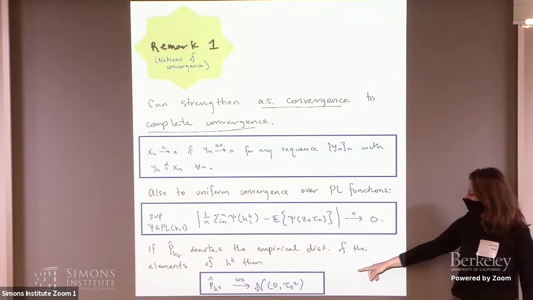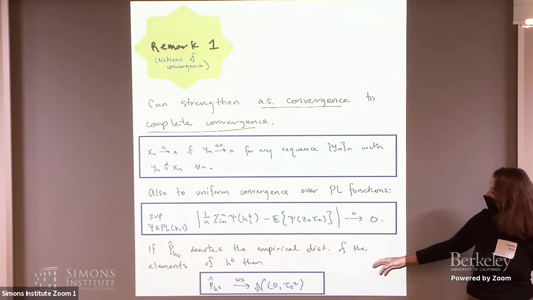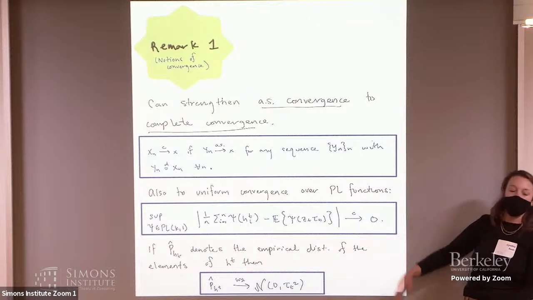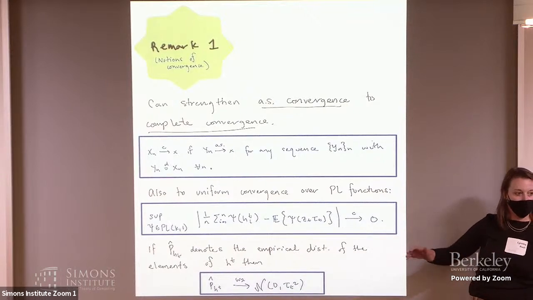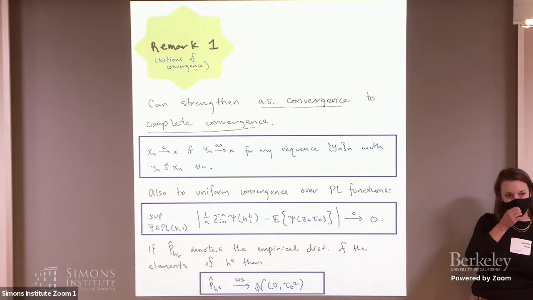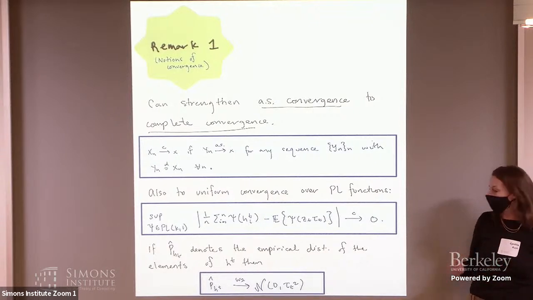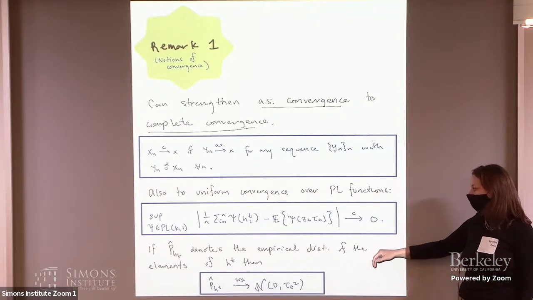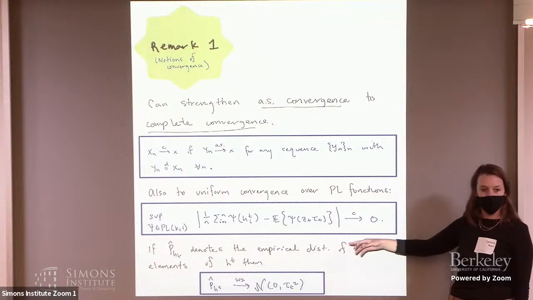So this is what I think you were getting at earlier. The easier way to think about these convergences is not through the Pseudolipschitz functions, but through statements about empirical distributions of the elements.